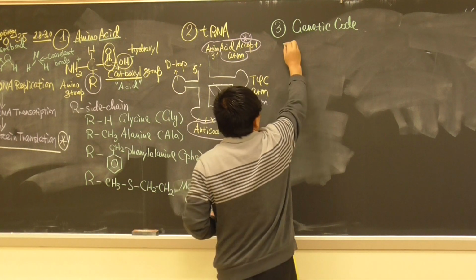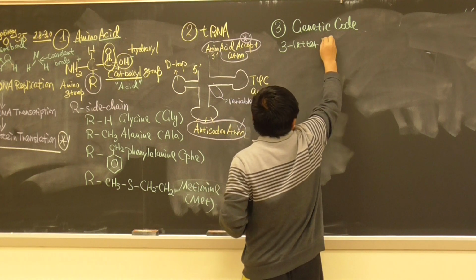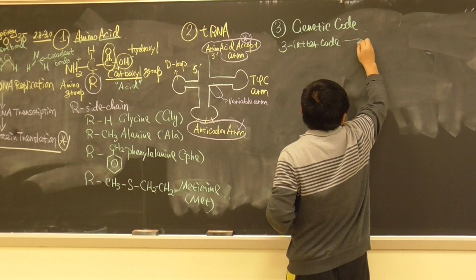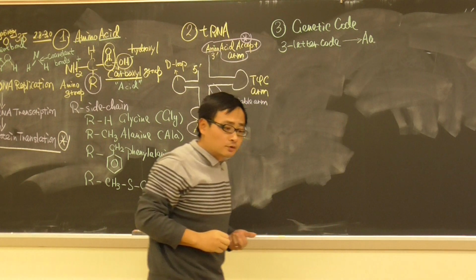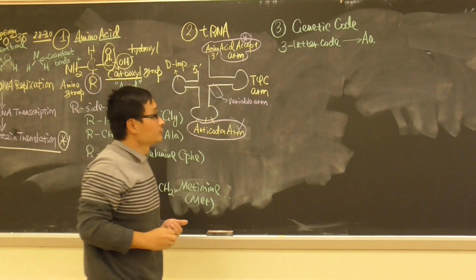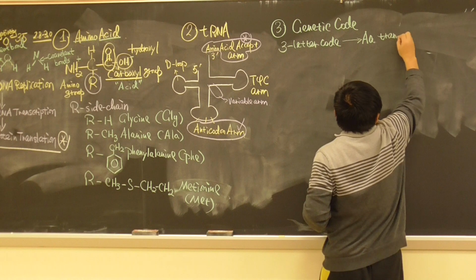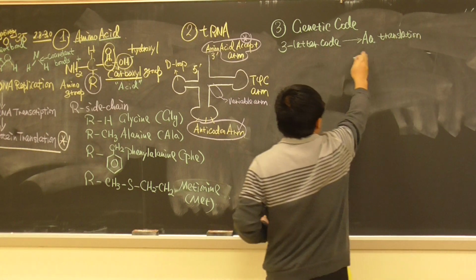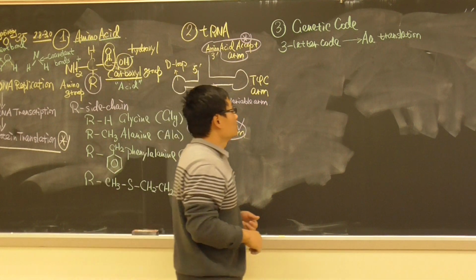Genetic code means the 3-letter code, each of which will be translated into an amino acid. So I use AA to represent amino acid. That's called translation. And what is translation? Letter to amino acid. Letter to letter is called transcription.